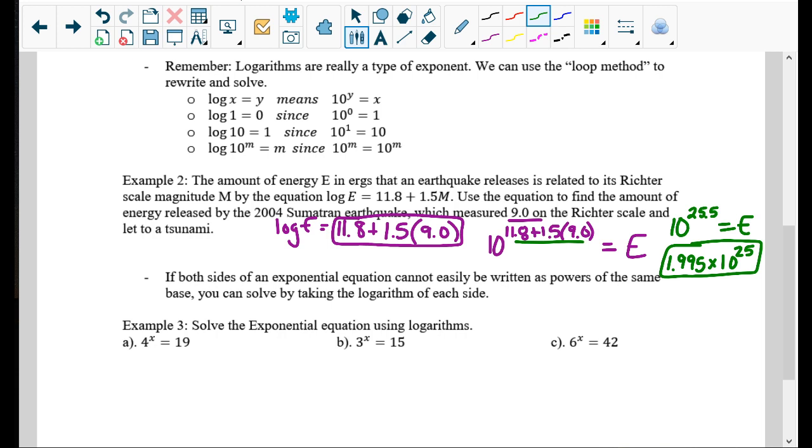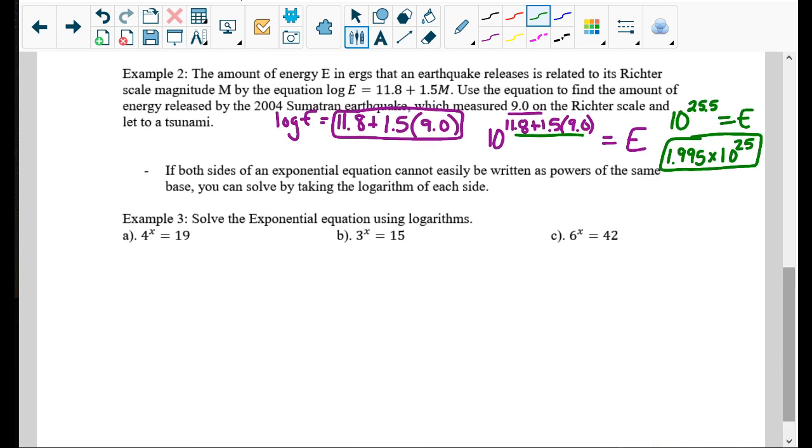Our third example on this page: if both sides of an exponential equation cannot be easily written as powers of the same base, you can solve by taking the log of each side. In example 3, we're going to solve these exponential equations using logarithms. We're going to use the natural log.